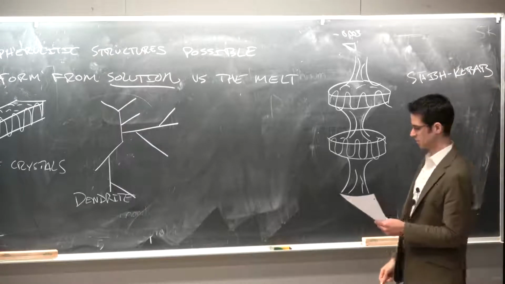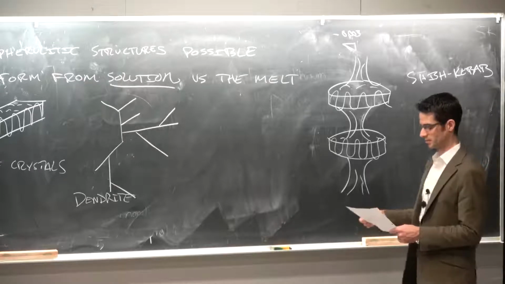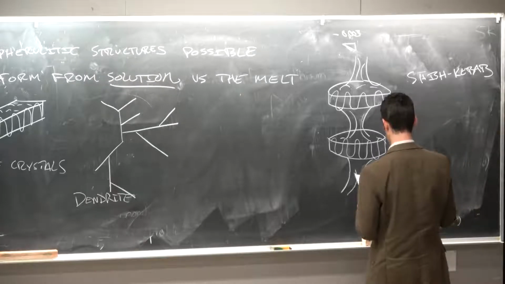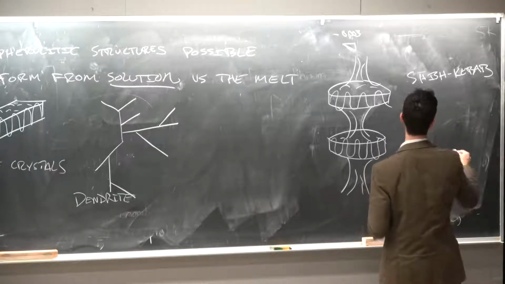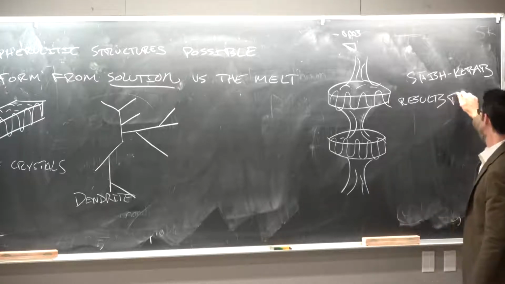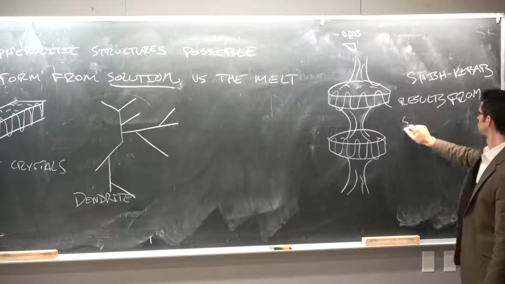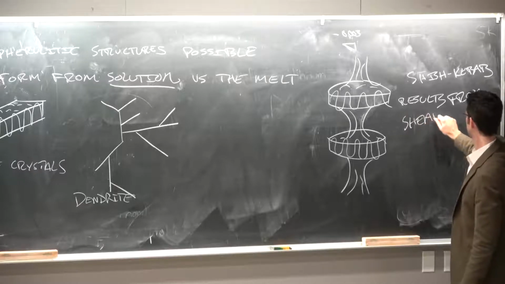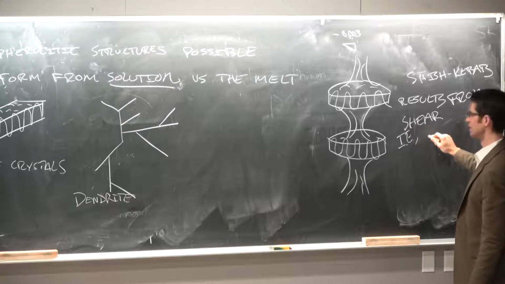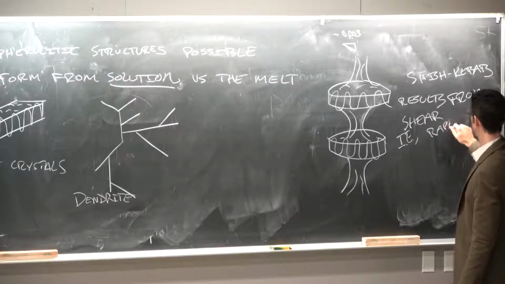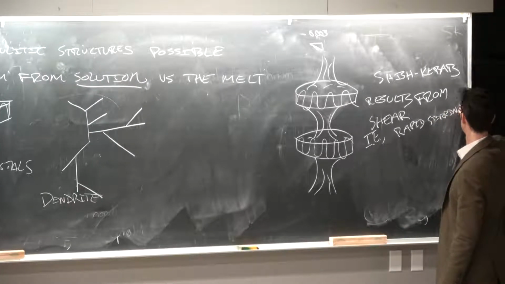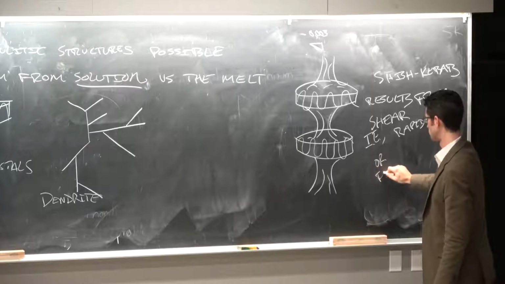This is a shish kebab, and it results from solidification from a solution under shear, like rapid spinning or fiber drawing. So it results from shear, that you might get from rapid stirring, or fiber drawing.